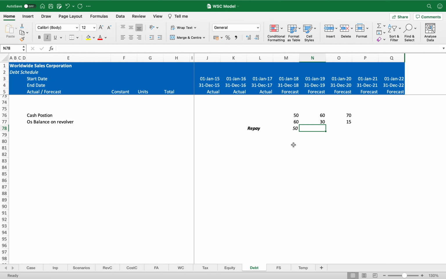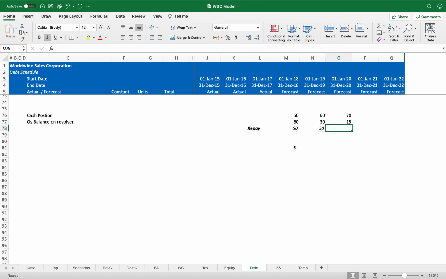Then in the next case, let's look at 2019. The cash position is 60 and the outstanding balance is 30. How much will I repay? Now you will say 60. But why? My outstanding balance is only 30. Why will I give 30 extra to the bank when it's not needed? Right? So I will repay 30 here. In 2020, my cash position is 70. My outstanding balance is 15.